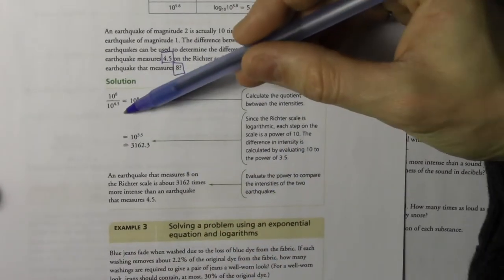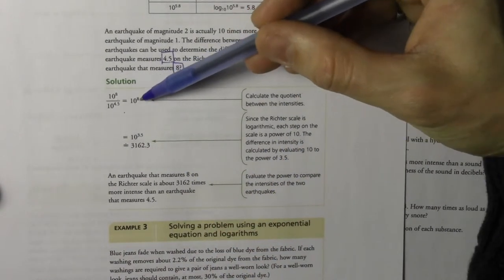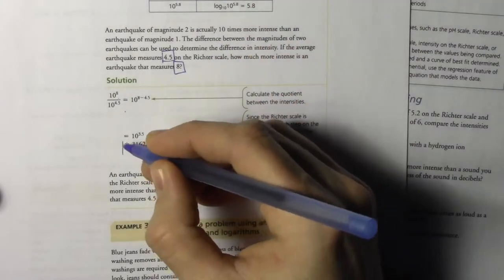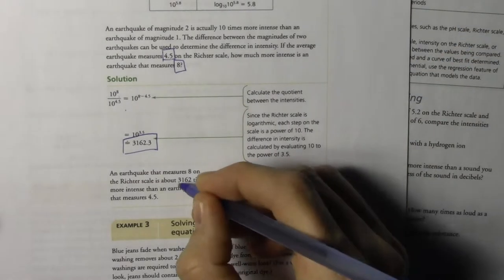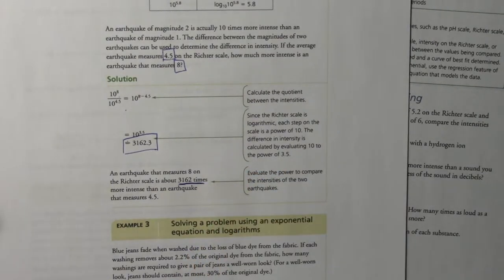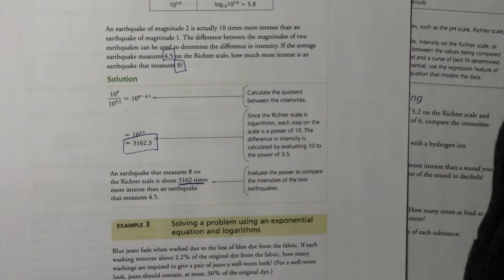To find out how much stronger one is than the other, you just divide them. When we divide exponents, we can subtract them, and we find out that it's actually 3,162 times more powerful. So that's a lot, right? A very, very big difference between 4.5 and 8 on the Richter scale.